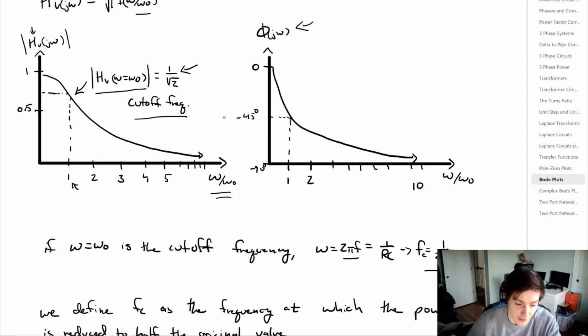But recall that H_V here was equal to the output voltage divided by the input voltage, so we don't really have a power calculation there. Just to avoid confusion, that's why we got this 1 divided by the square root of 2 term here. But if we went through and actually calculated the power at this cutoff frequency, we would have half of the original power.